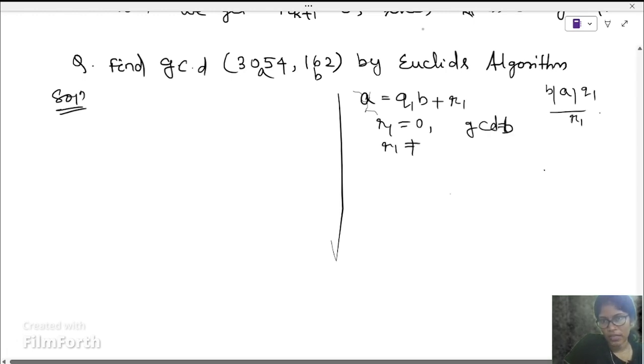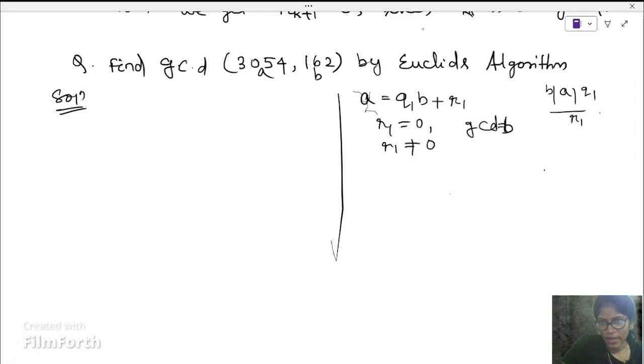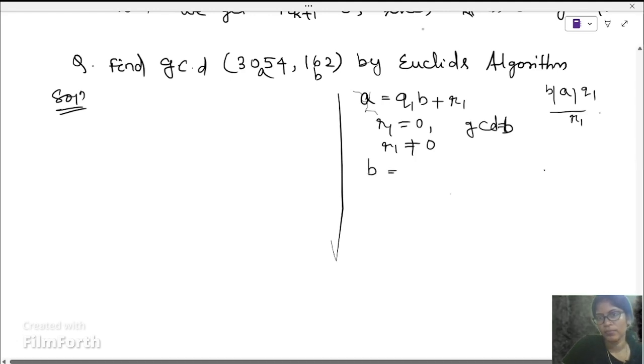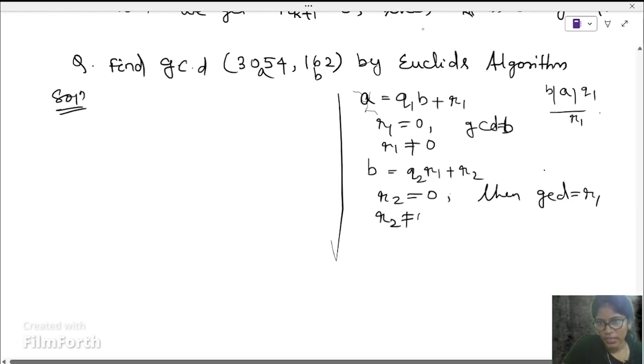If r1 is not equal to 0, then move to the second step: divide b by r1, b is equal to q2 r1 plus r2. If r2 equals 0, then the GCD is r1. If r2 is not equal to 0, divide r1 by r2, which is q3 r2 plus r3. Similarly, the procedure is followed.